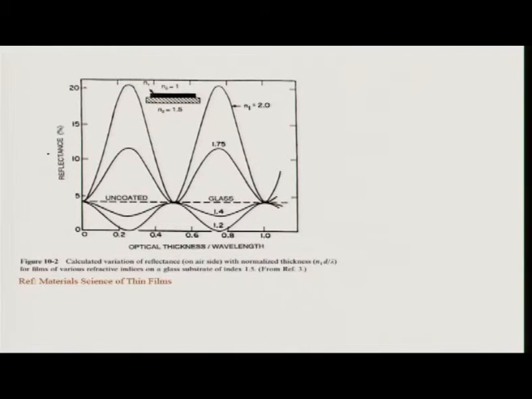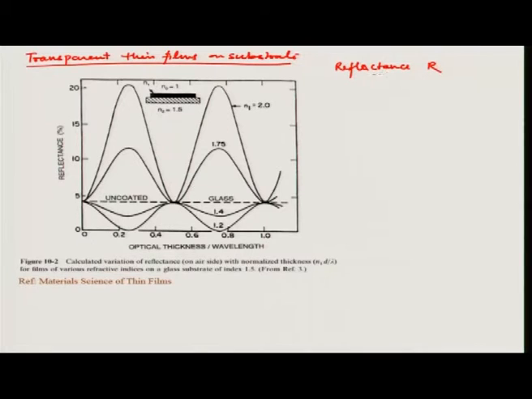The next method, which is applicable for transparent thin films on substrate, is based on reflectance, R. There is no interference pattern in this, you just measure the reflected light intensity as a function of optical thickness of film.